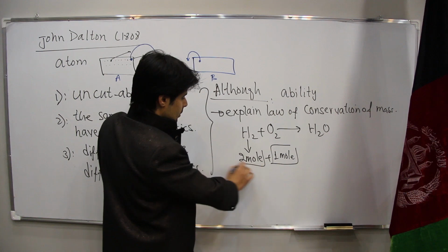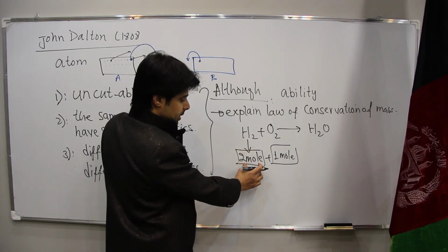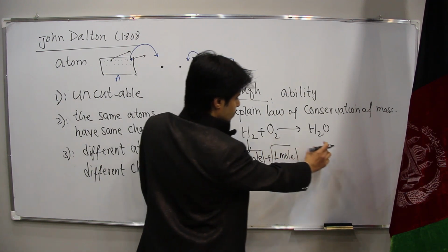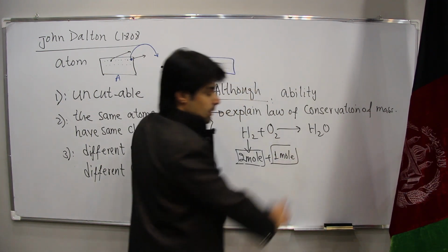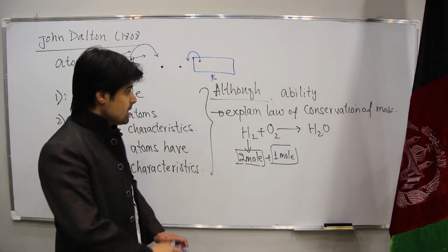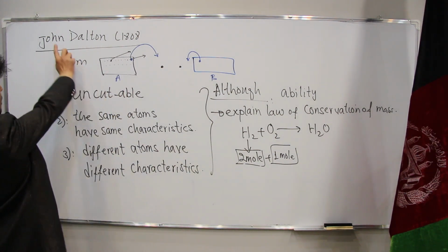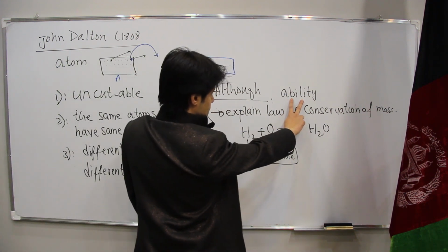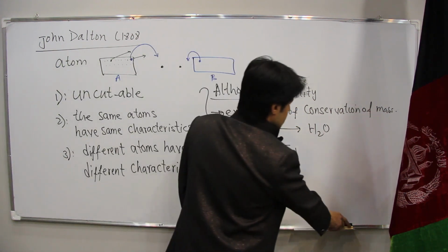Whenever we are calculating the mass of hydrogen and the mass of oxygen, in the product we also have the same mass. It means Dalton's theory has the ability to explain the law of conservation.